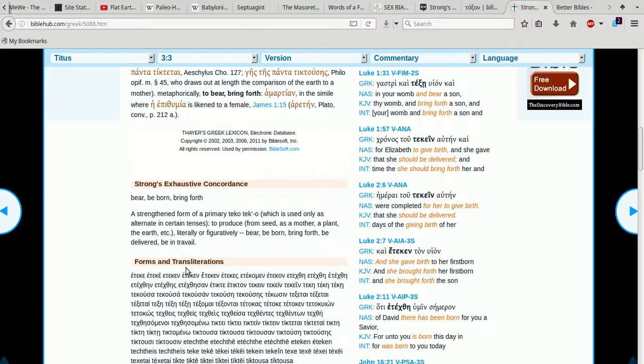Well, here's the connection. The bow originally meant not just the arched piece of wood, the bow itself, but the arrow that it shot. In other words, a bow, or this tikto, meant something that was shot out of something else. And do you see the connection to birth? Baby comes out of the mother. Something is propelling something else.